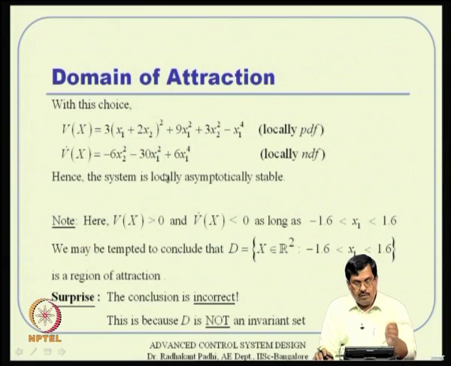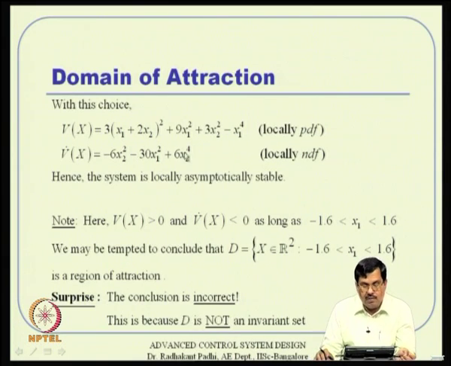Now, the question begins: let us analyze a little further and tell when this condition is universally true. So, V of x is greater than 0 and V dot is less than 0 as long as x 1 satisfies this condition. Remember, the trouble making things are x 1 only. Everything else is positive here, only minus x 1 fourth is negative, plus 6 x 1 fourth there.